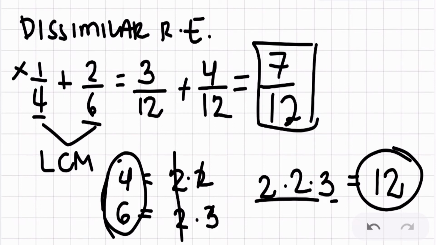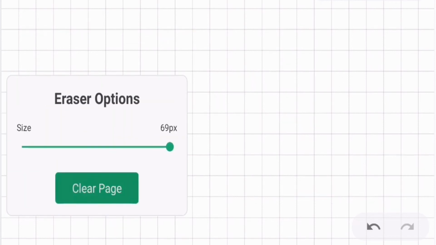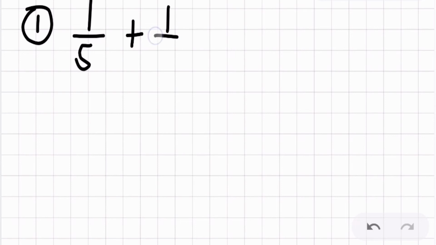Now let's try to do the same process when we are dealing with rational expressions. Let's start with the simplest one: 1 over 5 plus 1 over y. So we need to find out the LCD first.